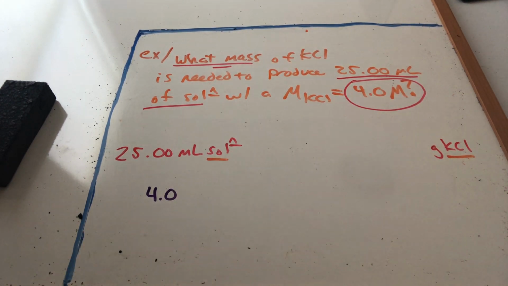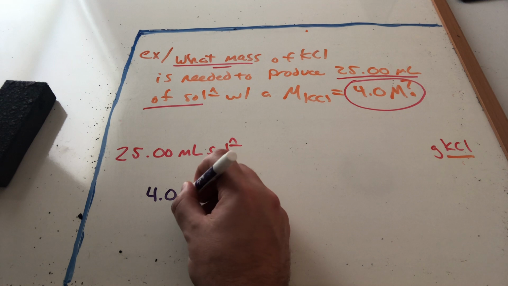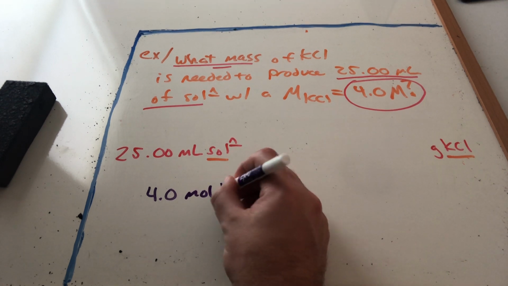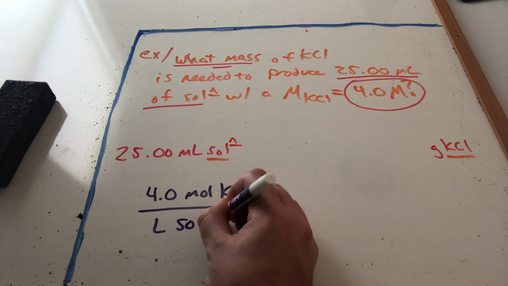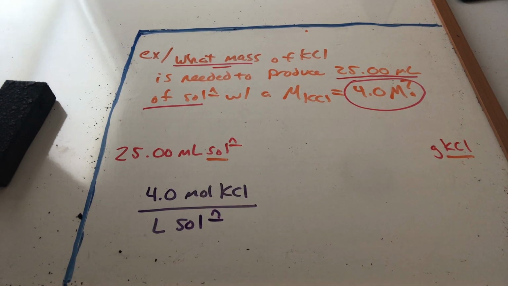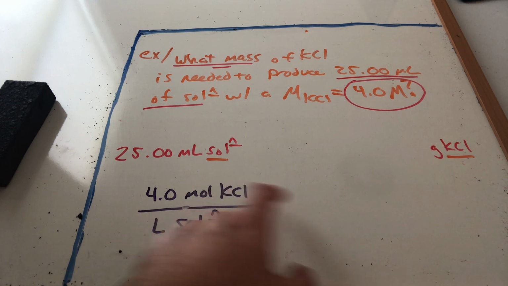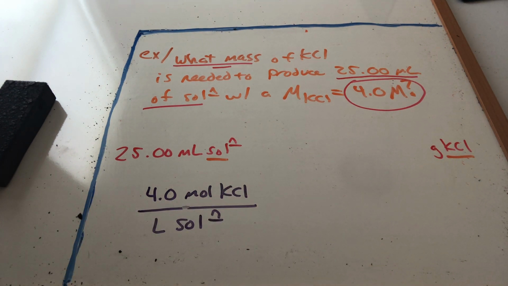So I don't leave this big M as a big M. I write it as 4.0 moles of KCl per liter of solution. And that reminds me that this is the thing that links in these types of problems, all right, solution information to moles of solute, right? So then I have everything I need to go ahead and do this problem. Because if I can get moles of KCl, can I get grams of KCl? Well, sure.